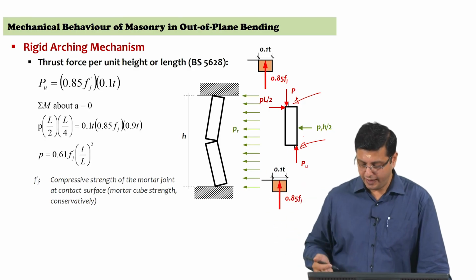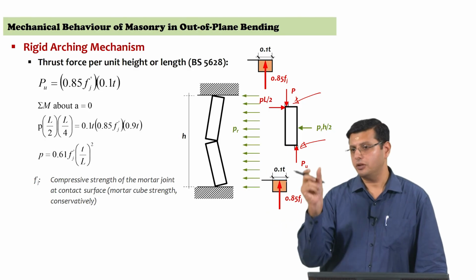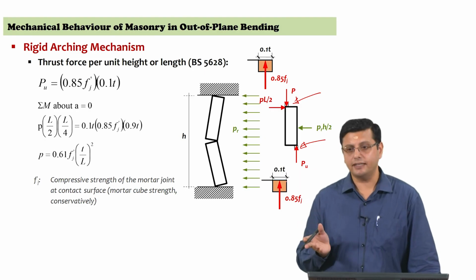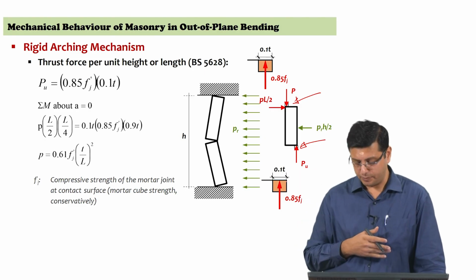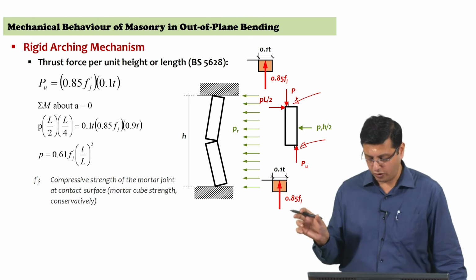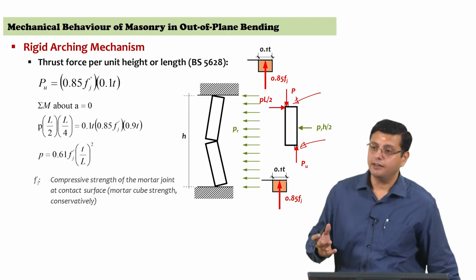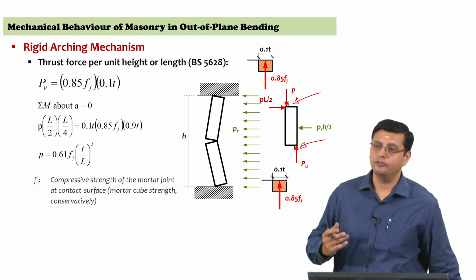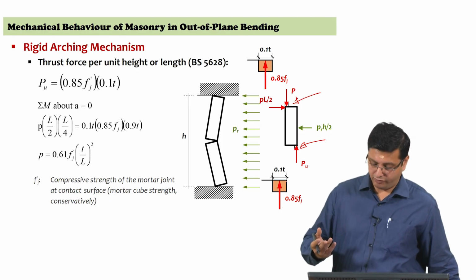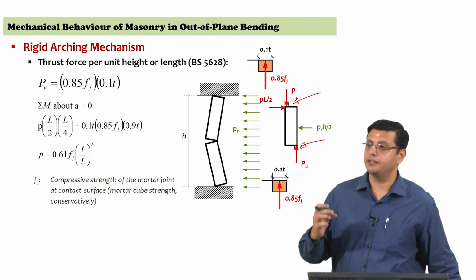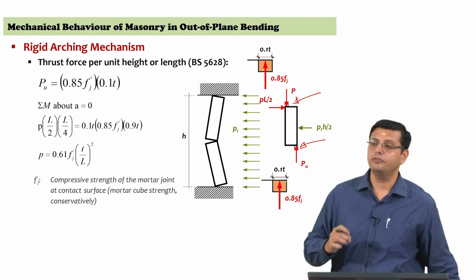So, the stress block there is of finite length, about 0.1 t is the contact area that we have also been assuming in the previous set of expressions. So, 10% of the total cross section is the width of the stress block, and softening of the material, and therefore, we assume 85% of the compressive strength of mortar.